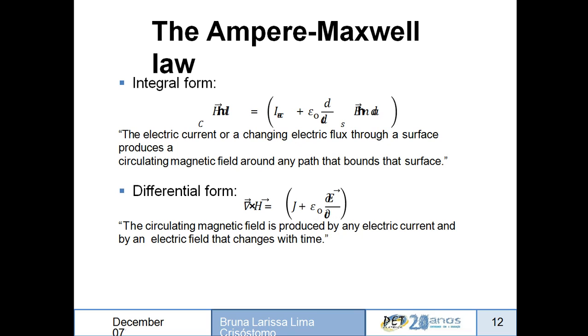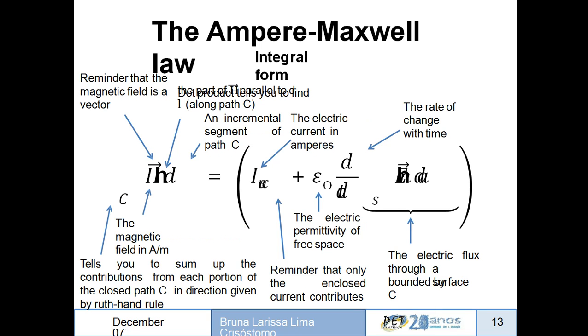As epsilon 0 is a constant, we will not apply the differential operator on it; we will operate on the electric field intensity. So that's why it is written as J plus epsilon 0 into del E by del T, where E is the electric field. Okay, so let's go to the next slide.